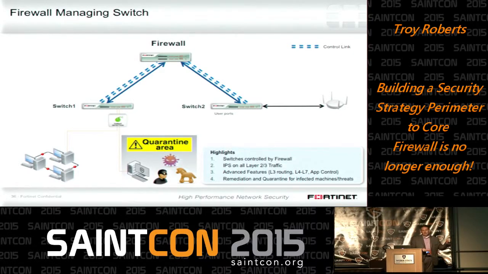I want that security event to be detected, and then I want my firewall to tell my switch, hey, switch that user to a remediation port or a quarantine VLAN, shut that port down, and take action on it. Send the user a captive portal that his machine has been compromised and that he needs to update his security profile. Having that level of event correlation at the switch level brings yet another degree of security to the switching that a lot of companies are looking for.